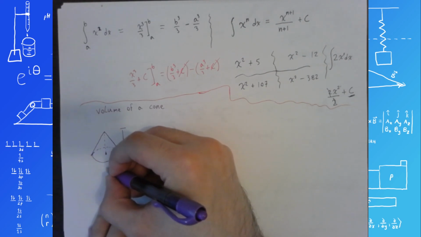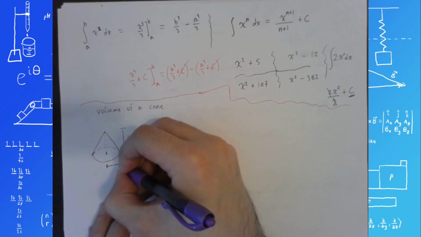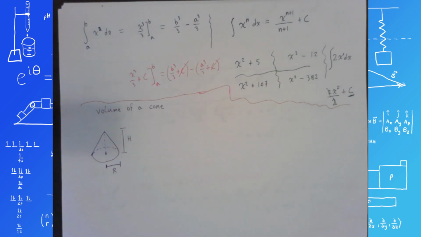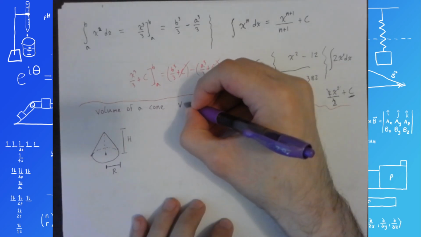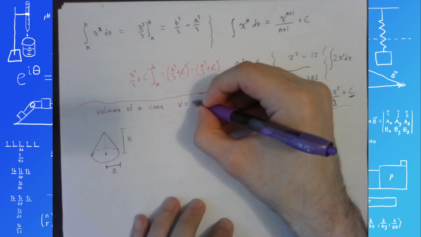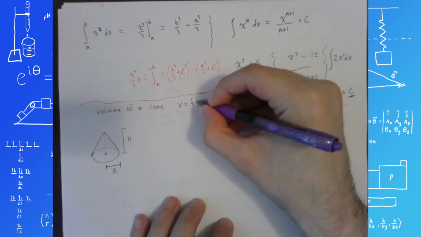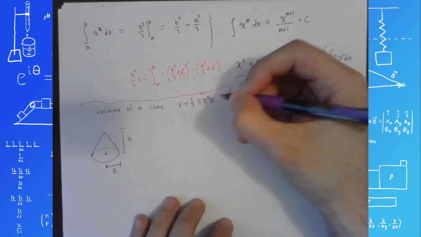Similarly, I want to define the radius of the base of this cone as capital R. Again, a constant. I'm trying to derive the general formula for the volume of a cone, which, regardless of its base radius and height, will always be, as we were taught in geometry, volume equals 1/3 pi radius squared times the full height of the cone.